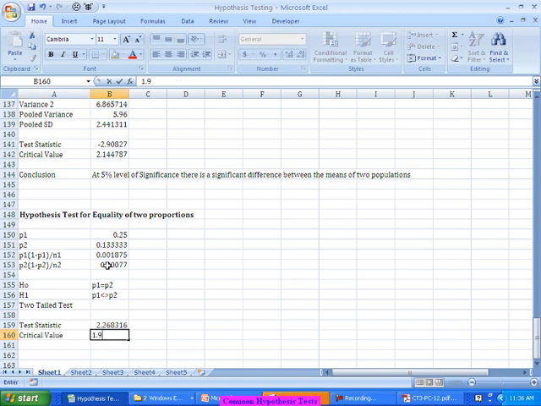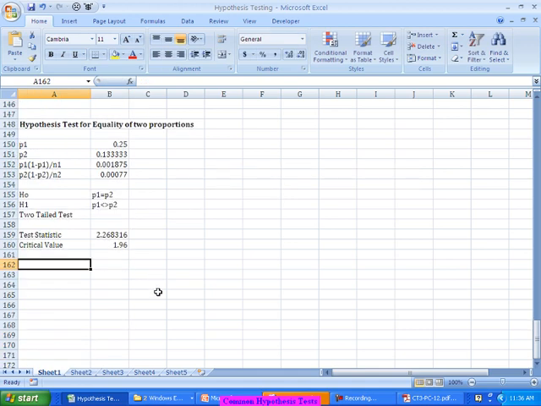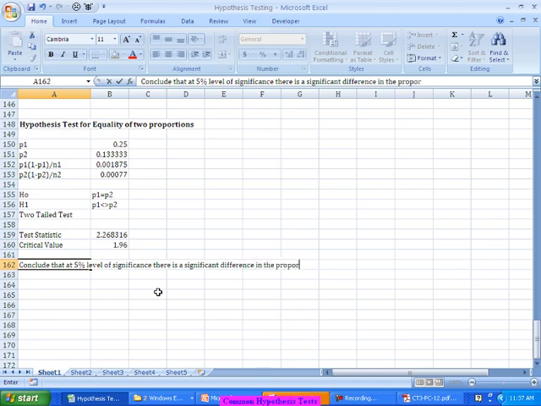For a two-tailed test, the critical value is 1.96, which means my test statistic is lying in the critical region, outside the plus or minus 1.96 range, which means I will reject the null hypothesis and simply conclude that at 5% level of significance, there is a significant difference in the proportions between the two populations. This is the conclusion that comes out to us.